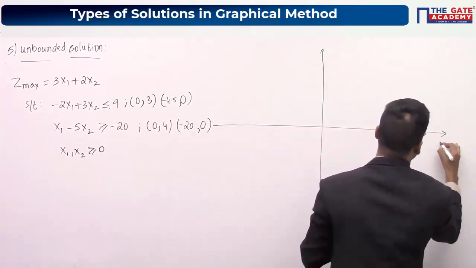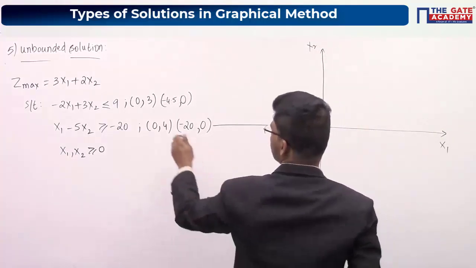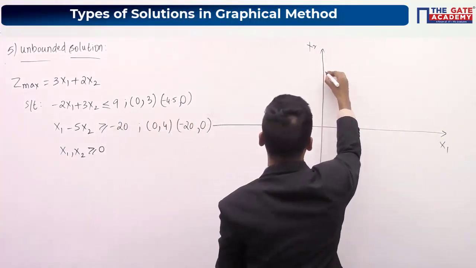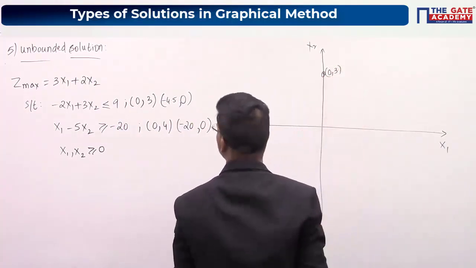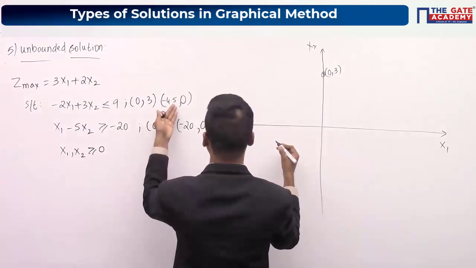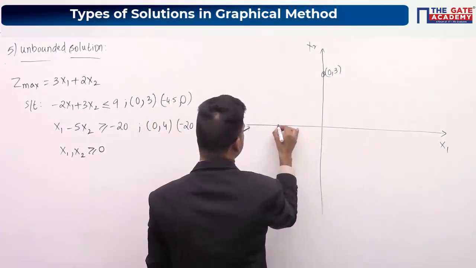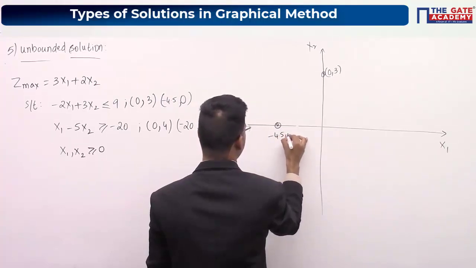I am taking x1 on the x-axis and x2 on the y-axis. So the point 0, 3 is somewhere here, and then minus 4.5, 0, let us say it is on the negative x1 axis, somewhere here.